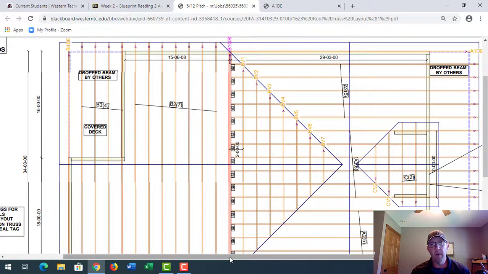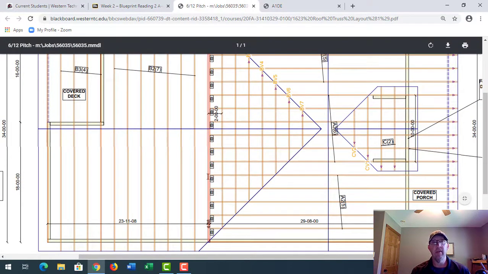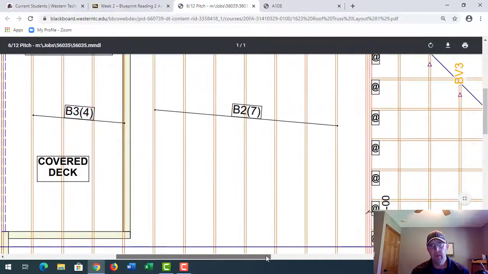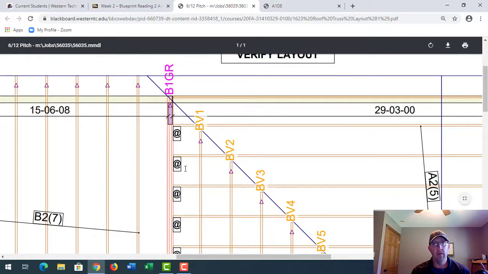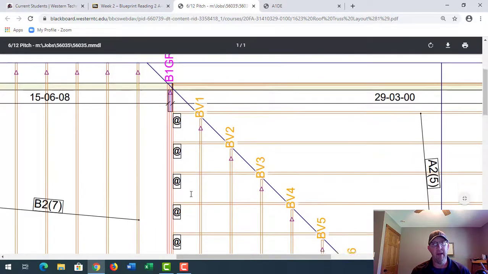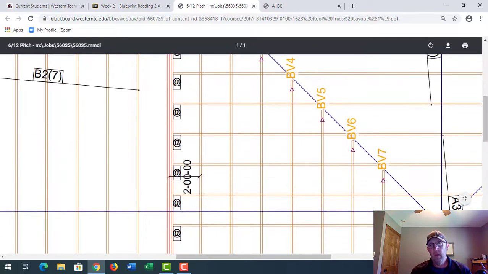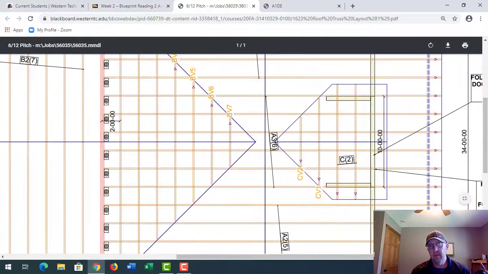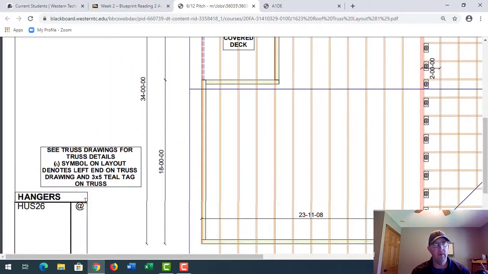Now, how would I know, guys, what types of hangers I would need to hang the ends of these trusses in? Let me show you how we do that. So I'm going to zoom in here. If you notice here, there are these little rectangles with this symbol here. On the truss layout plan, I'll just swing back over.